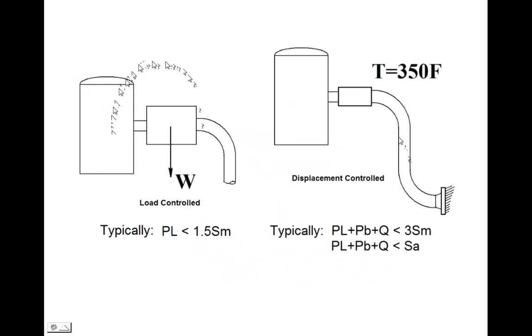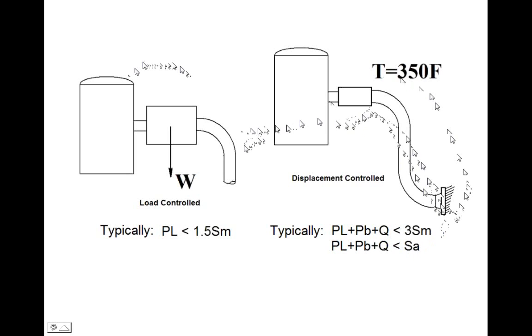Then PL plus PB plus Q, due to the thermal expansion between anchors, has been less than 3 SM so that we don't ratchet the pipe. And PL plus PB plus Q, should be plus F in here, is less than SA, which is the fatigue allowable, so that we don't cause fatigue cracks in any of these components. This is the way we've more or less looked at it before.